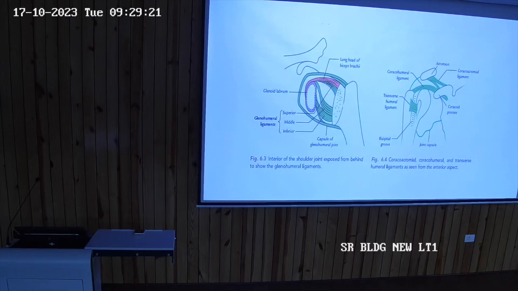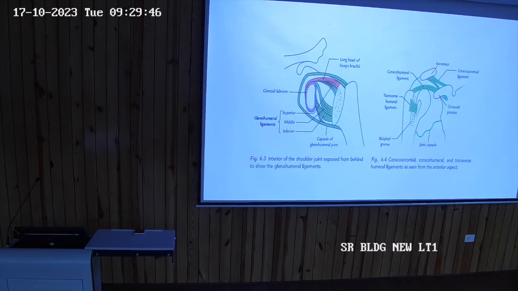This is the anterior part of the capsule, and it is thickened at the 3 points, 1, 2, and 3. So can we name these as superior, middle, and inferior? These are the parts of the second ligament, and the second ligament is the glenohumeral ligament.